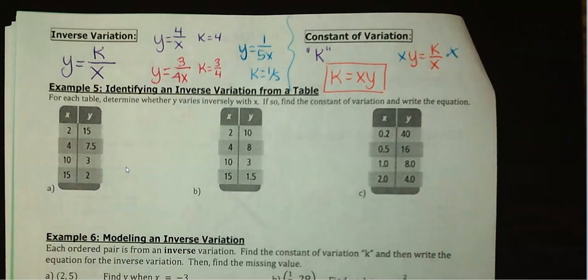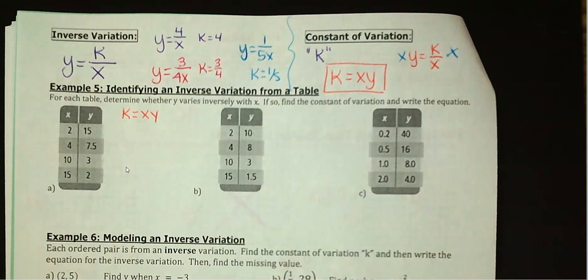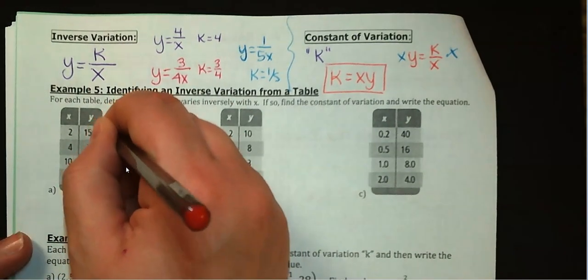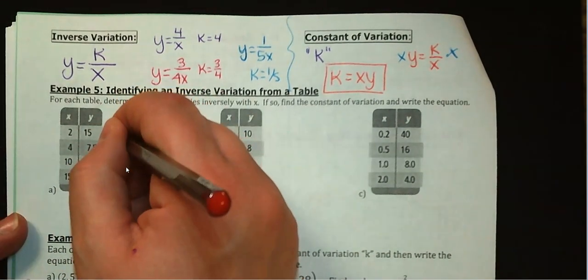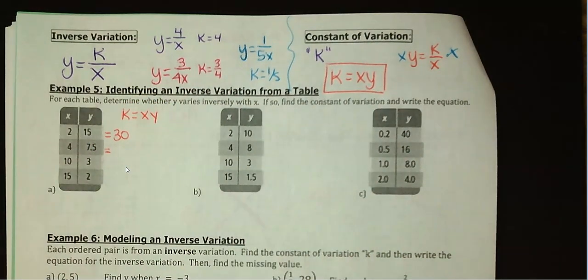So these are going to ask you for these tables: is this an inverse variation? To check here, the k value would have to be the x coordinate times the y coordinate for every single set of points to be consistent. So if you look at this table, I have the point 2, 15. 2 times 15, that's 30. Then I have the point 4 and 7.5.